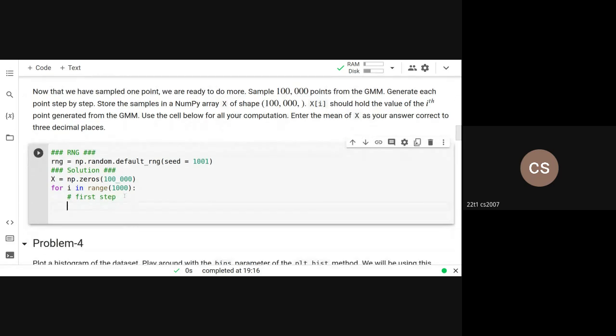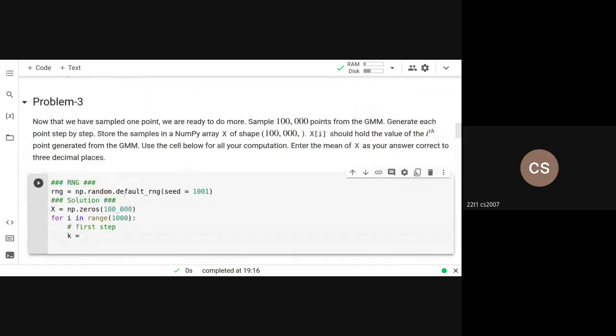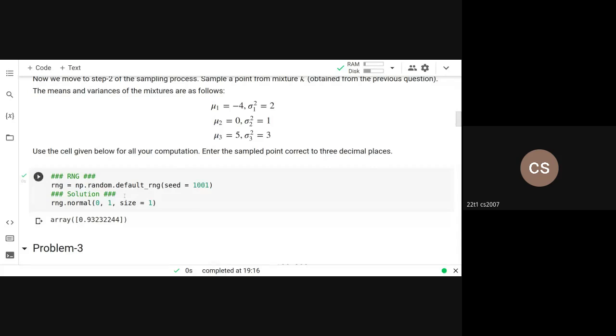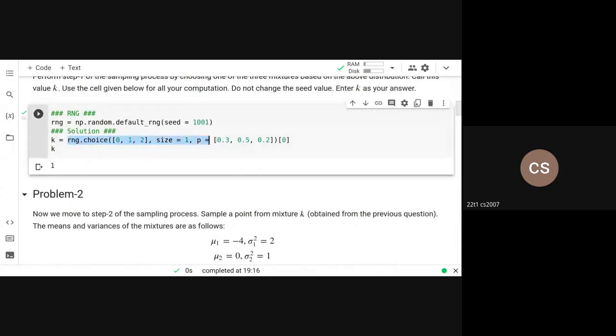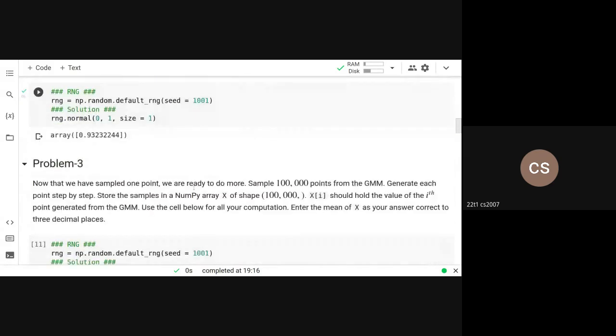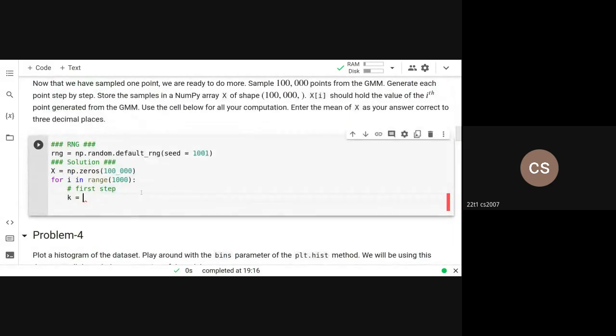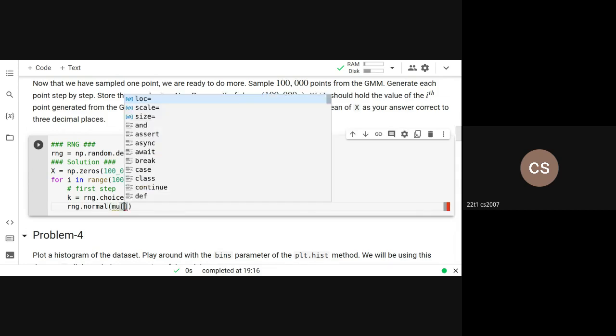First step of GMM is choosing a value of k. So how did we do that? I'll just copy that code. Choose from 0, 1 or 2, one of these 3 mixtures with these probabilities. And then rng.normal, I'm going to write this now and we'll see what this is actually.